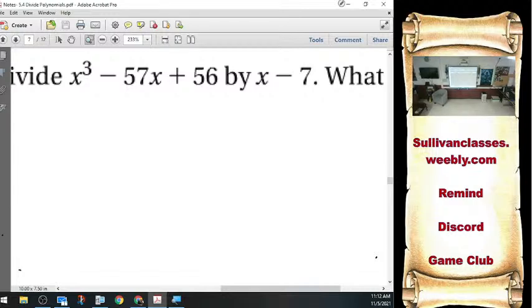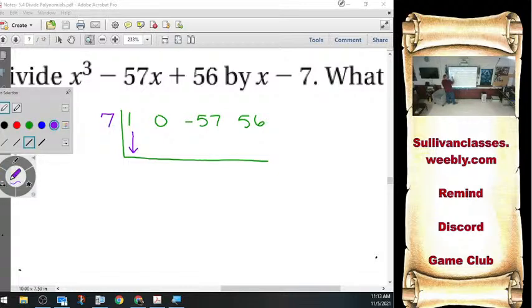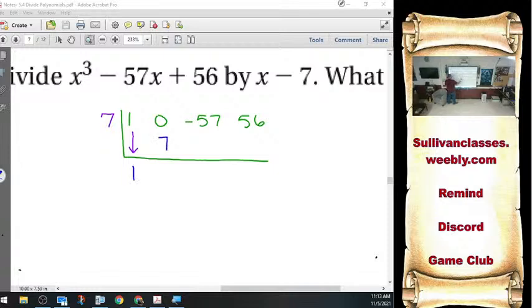Oh, I forgot it. I just did a 0. Oh, placeholder. Who already missed their 0 as a placeholder? It still matters. 1, 0, negative 57, 56. And 49.